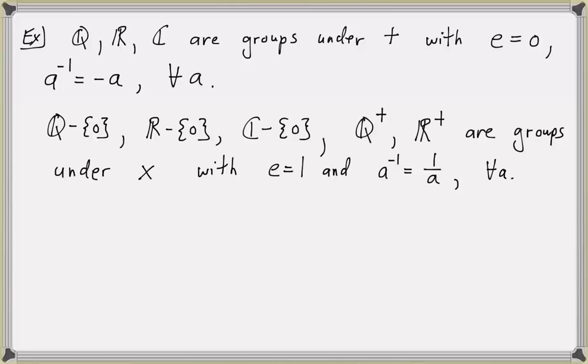Another example of a group is the set of integers mod n. This set is an abelian group under addition of residue classes.